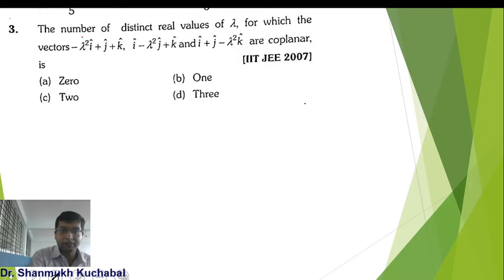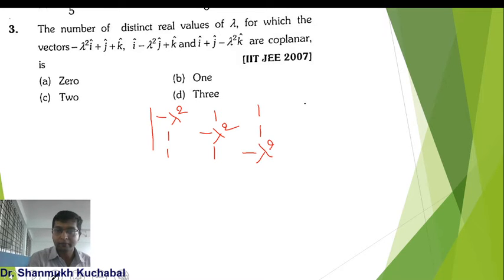Yes, so let us begin with the first step. I am taking the i, j, k coefficients of these 3 vectors: minus lambda squared, 1, 1; 1, minus lambda squared, 1; 1, 1, minus lambda squared, equal to 0. Simplifying this, I get 2 minus lambda squared.